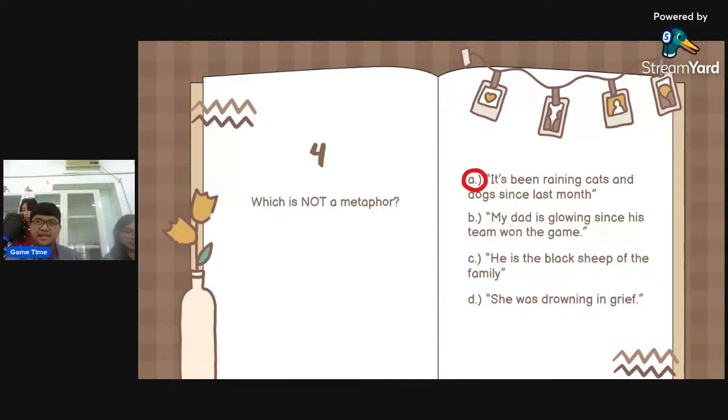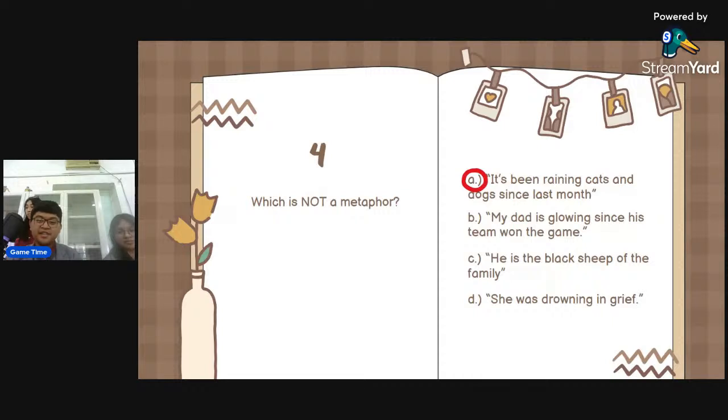If you visualize a black sheep in a horde of white wool sheep, you can state that the black sheep is the odd one in the batch. So it compares how he is not like the rest of the family.